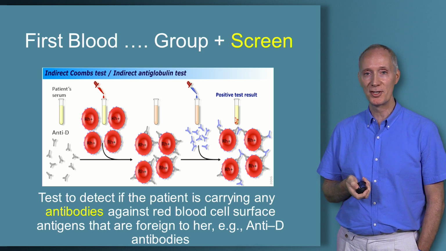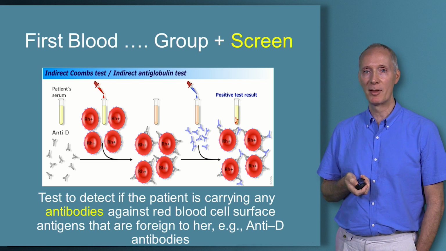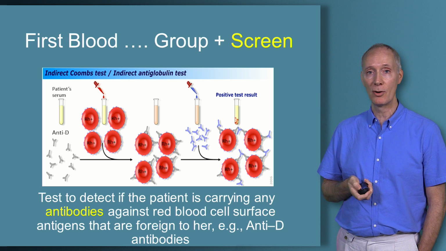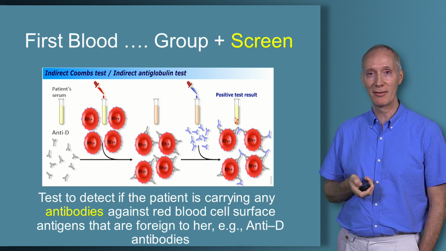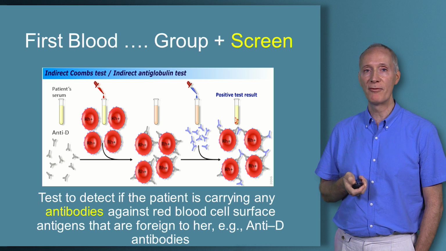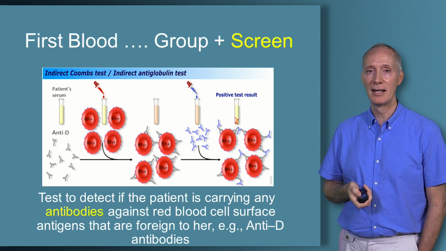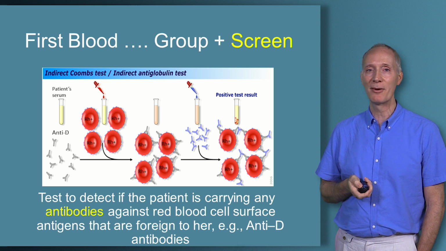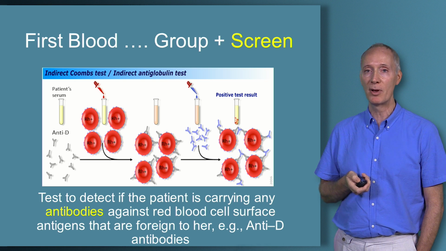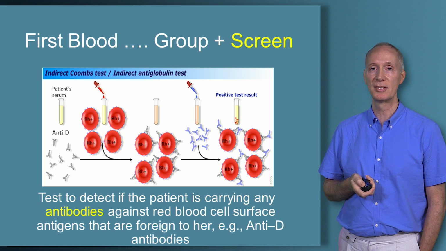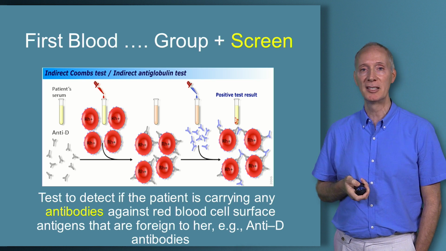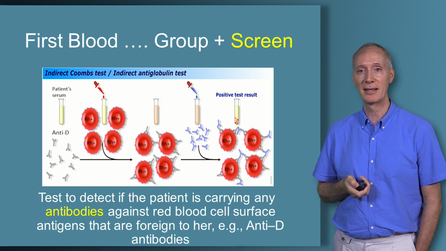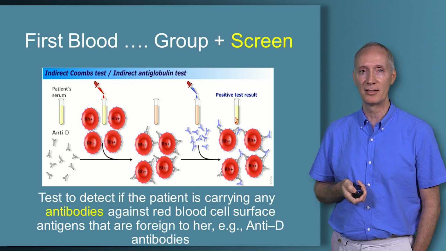The group refers to establishing if the mother is A, B, AB or O, and rhesus positive or negative. And the screen refers to a test that detects if the patient is carrying any antibodies against red blood cell surface antigens that are foreign to her. For example, anti-D antibodies, or antibodies directed against rhesus positive blood.